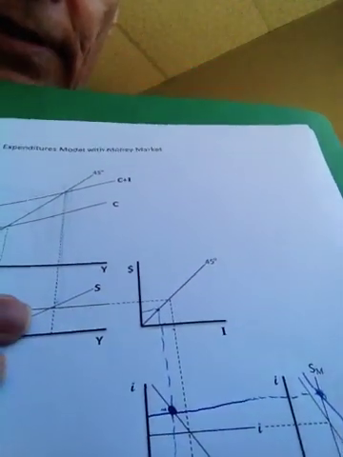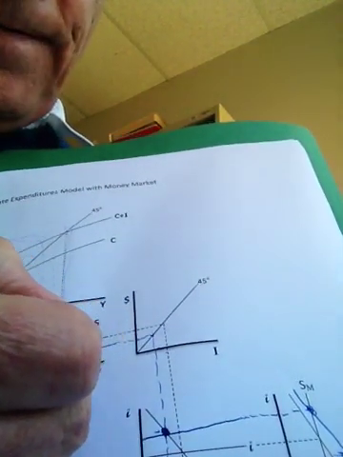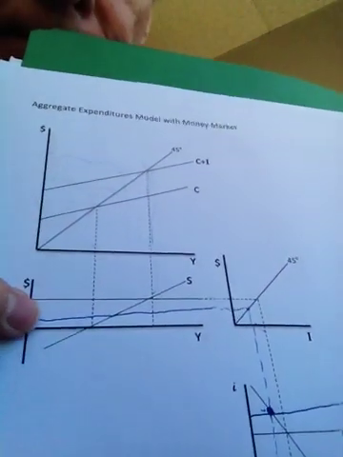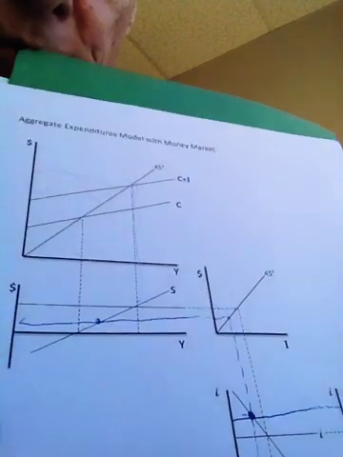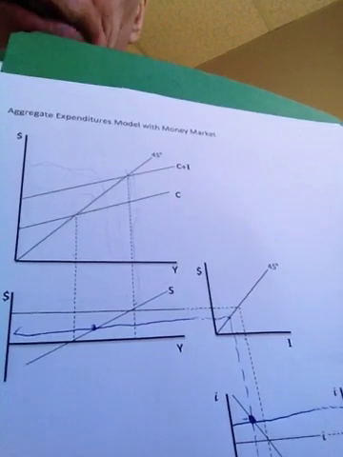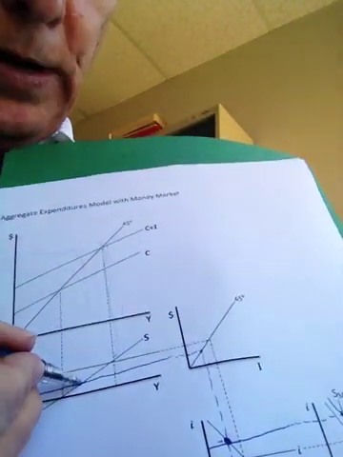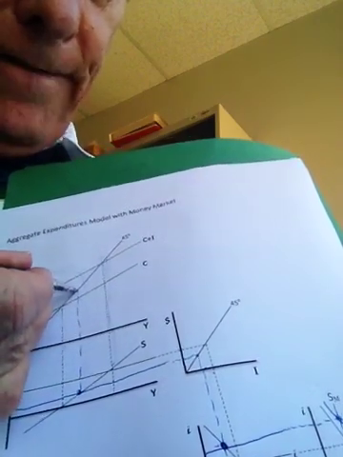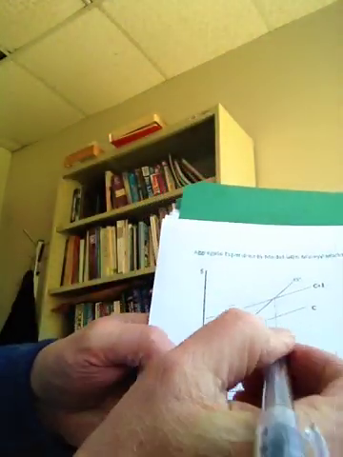There, the level of investment is going to go down, and we can bring this over here to our investment and savings function. There that is. Here is the new point at which the savings and investment function intersect, and therefore this will be the new level at which the C plus I function intersects the 45-degree line.